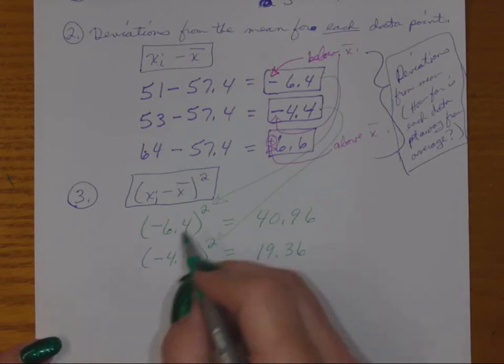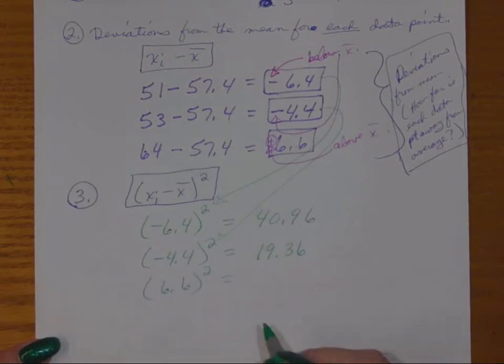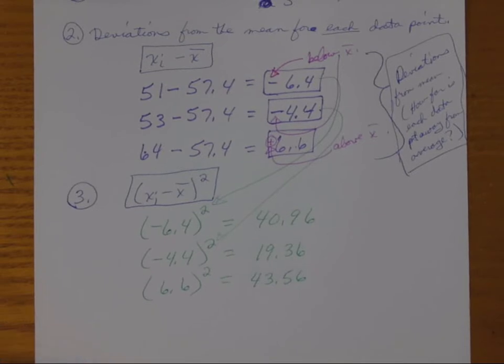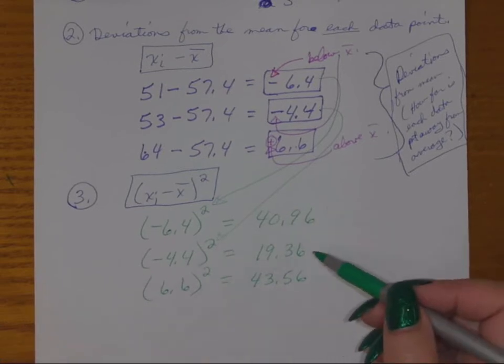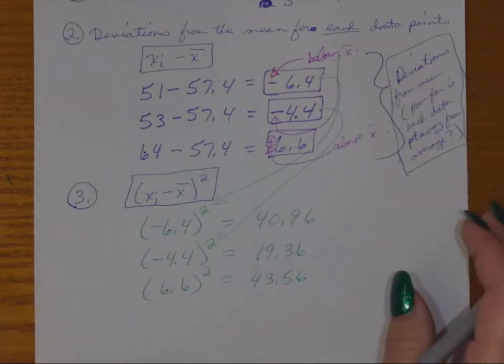And the third one was a positive 6.6. And again, when I do a positive times a positive, I get a positive again. So a positive 6.6 times 6.6, I've got 43.56. And you will do that for every data point that you have. First you subtract the mean, then you square it.